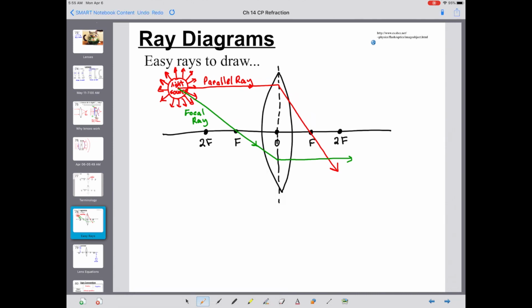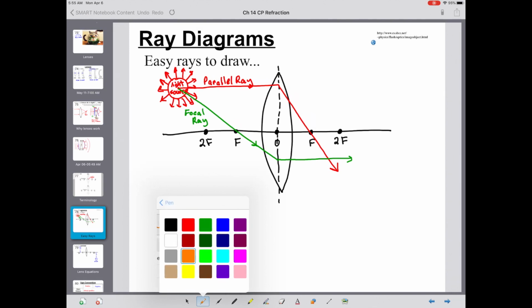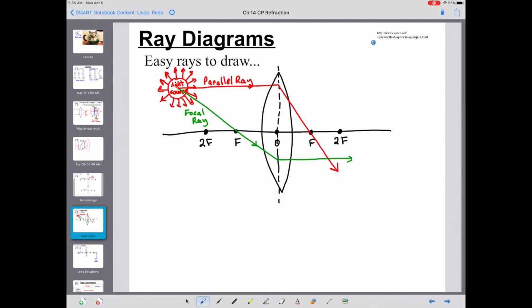One more ray that is easy to draw is a ray that will basically bend and then unbend. It bends as it goes in one side, and it unbends as it goes out the other side. And that ray goes toward the optical center. It will bend as it goes in and unbend as it comes out the other side. And so for name reference, we would call that an optical ray.